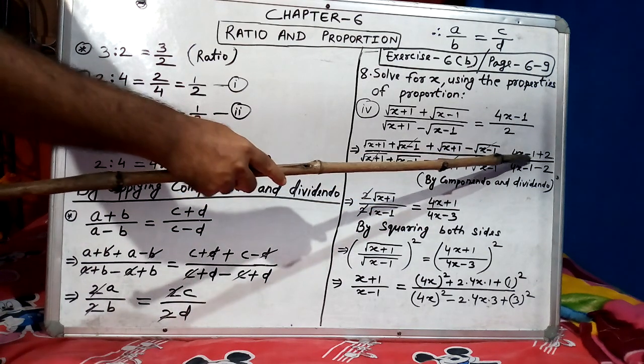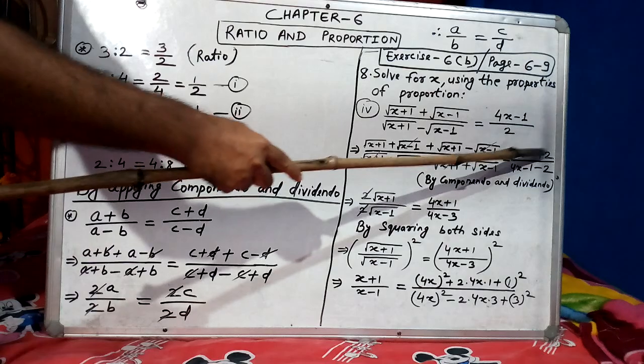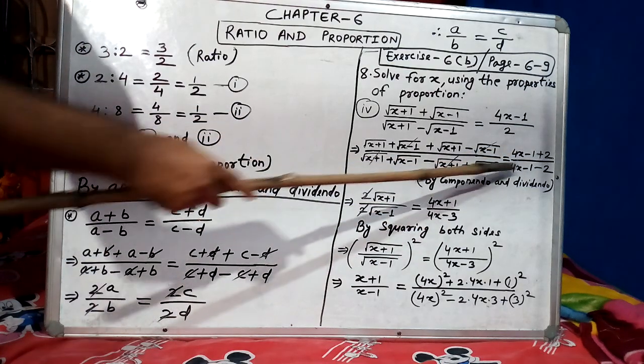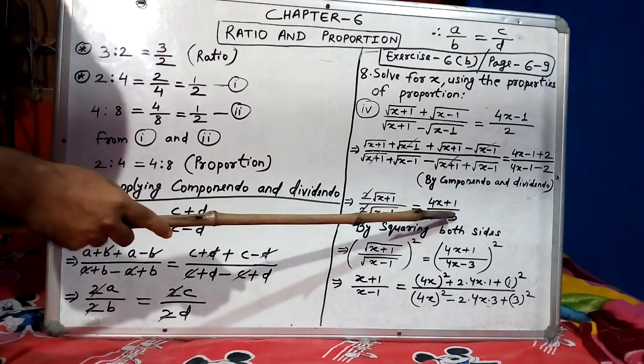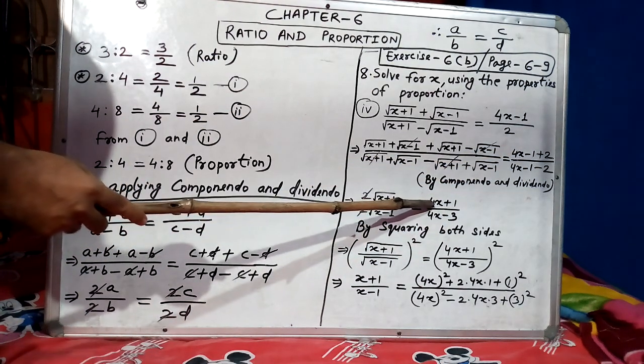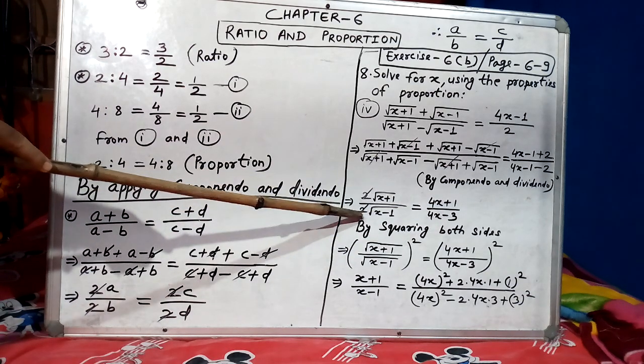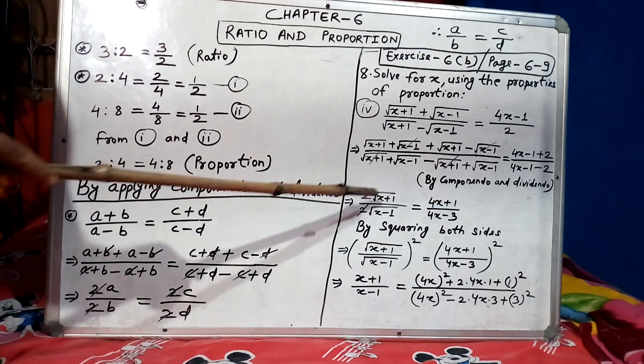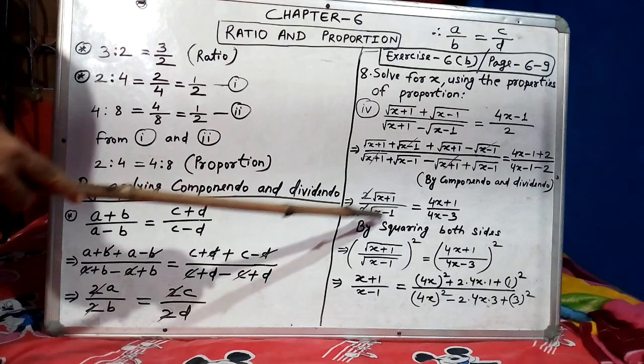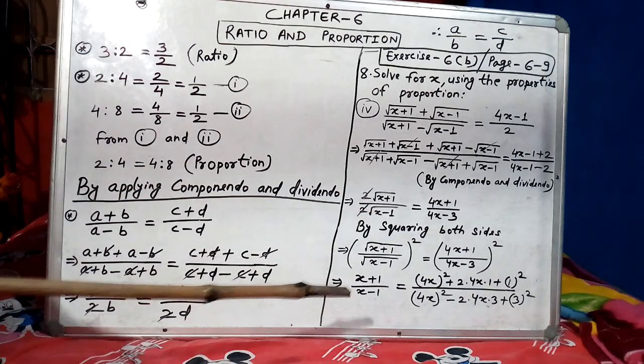And here 4x minus 1 plus 2: minus 1 plus 2 is plus 1, and minus 1 minus 2 is minus 3. So our result is (4x plus 1) by (4x minus 3). Here again 2 gets cancelled, and only root over x plus 1 by root over x minus 1 remains.